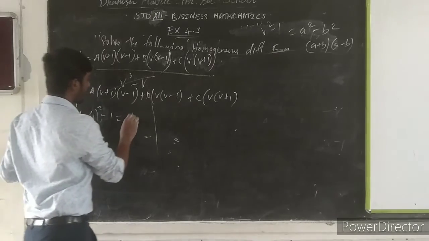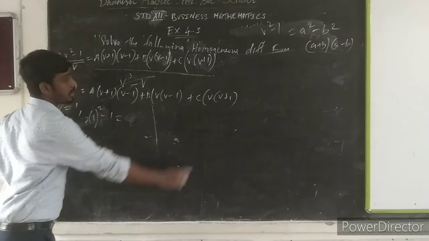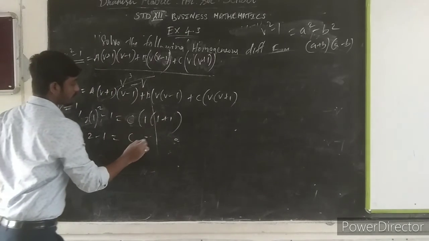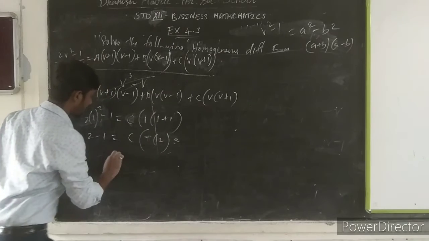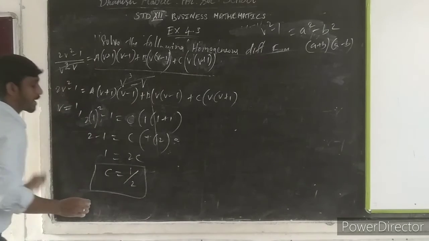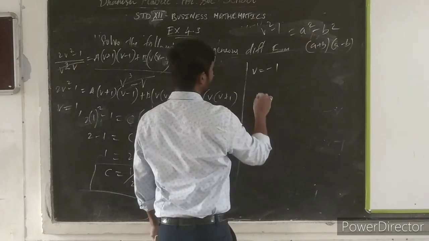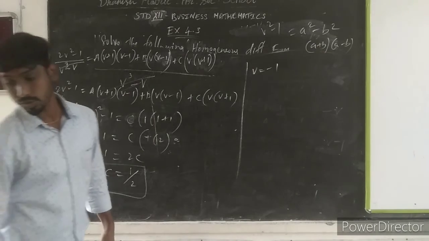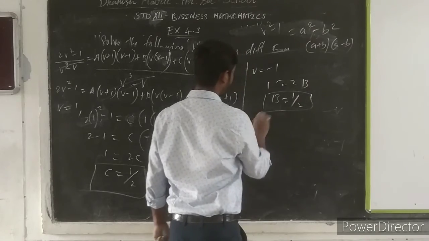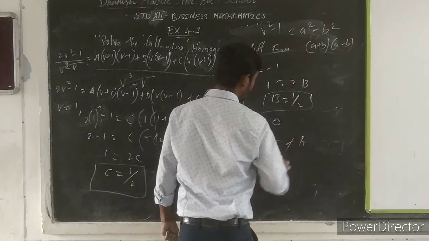A will be cancelled here because of the factor v minus 1. So the remaining values: C into 1 into (1 + 1), that is 2 − 1 = C into 1 into 2, so 2C = 1, so C is equal to 1/2. Now applying v equal to −1, by the shortcut method, 1 = 2B, so B is equal to 1/2. Now substituting v equal to 0, simply you are getting −1 = −A.